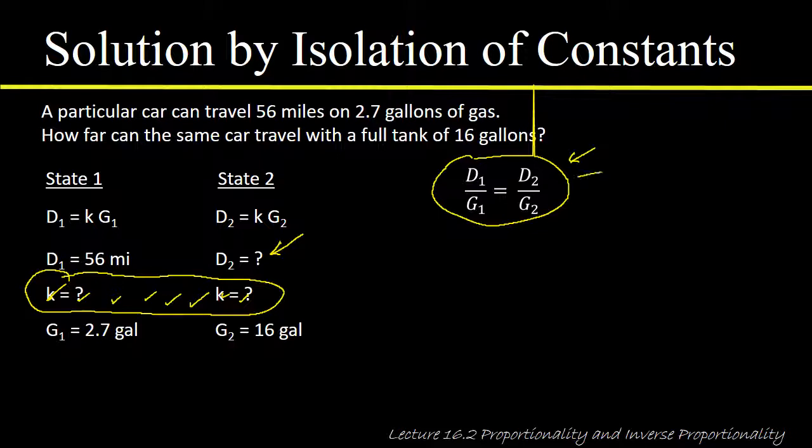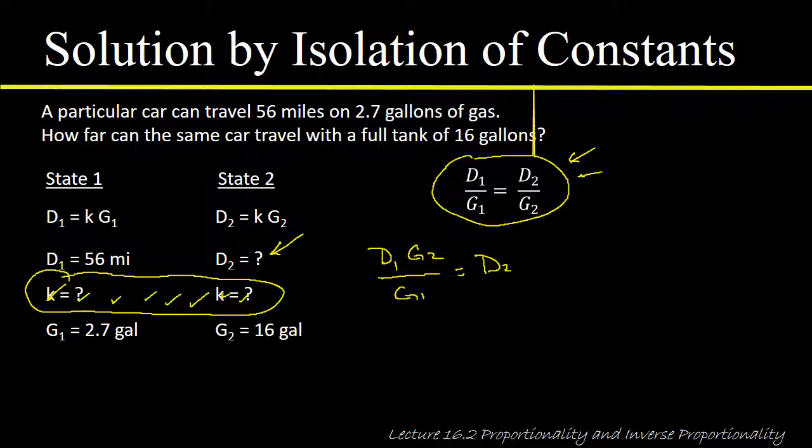And so we can just take this new equation that we've got here. If we want to solve this for d2, we want to get d2 by itself. We can do that by multiplying both sides by g2, and that will give us d1 times g2 over g1 equals d2.